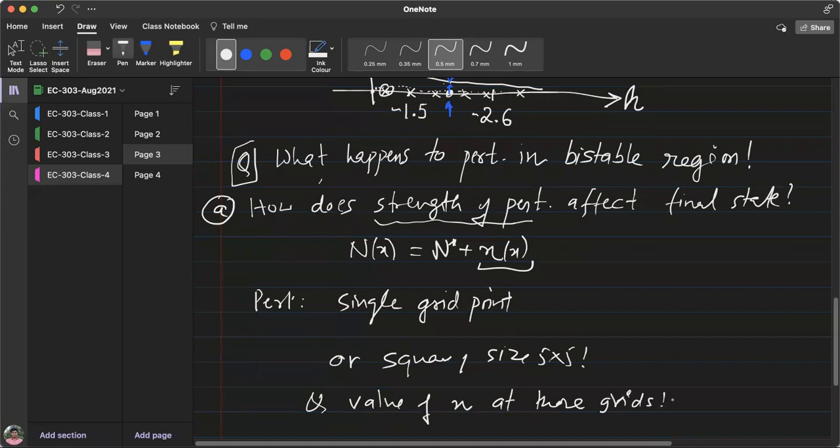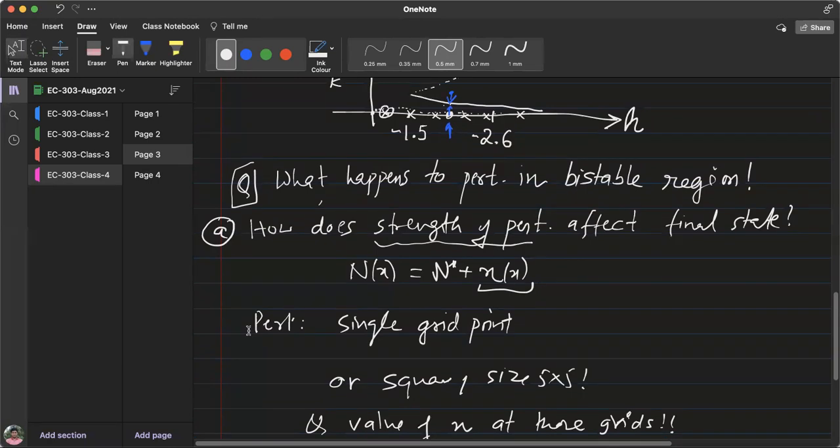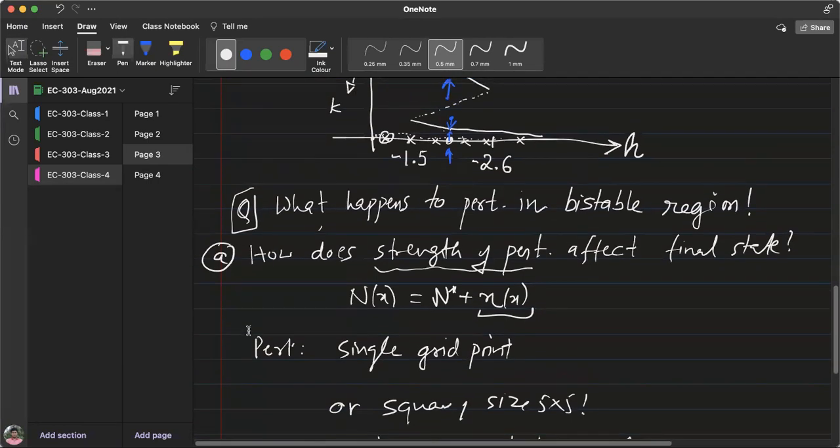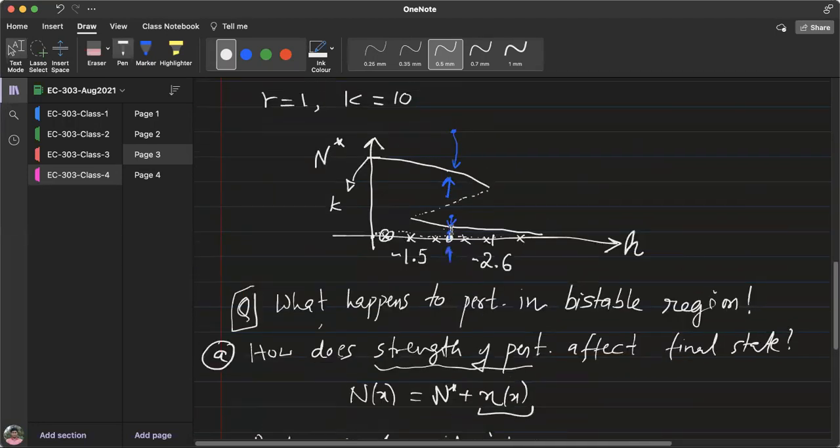I would like you to investigate how, given both the area, the number of pixels you choose to perturb, and the value you choose, these two influence the final outcome. Is there anything interesting you find in the process? How do those two determine whether you go to this state or this state? I would like you to do a lot of numerical experiments and come up with something. Do you find something interesting in the process?